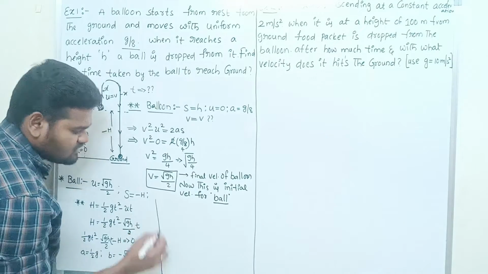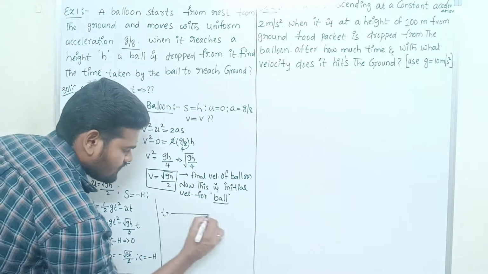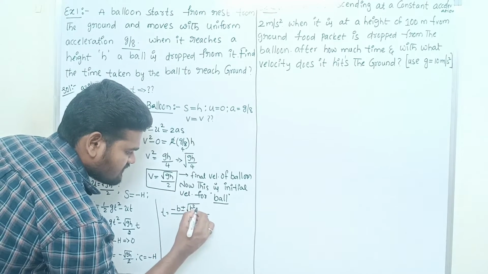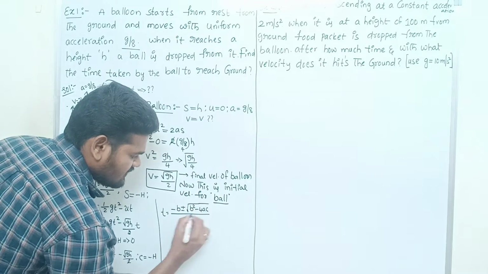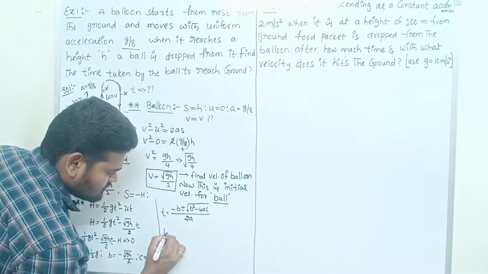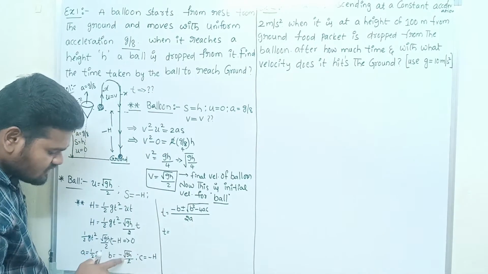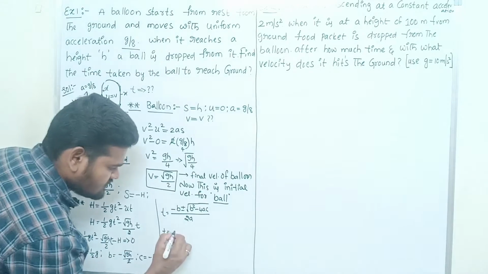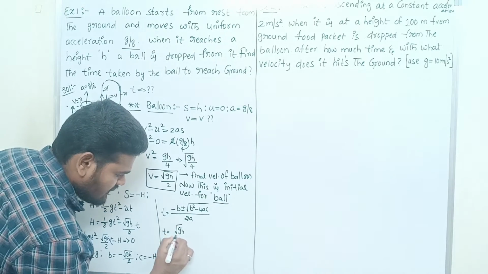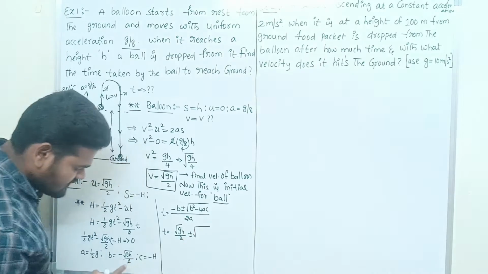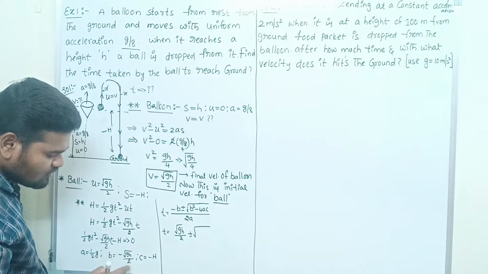Now how to find the roots? t is equal to minus b plus or minus under root of b square minus 4ac, divided by 2a. So t is equal to minus b, that means minus into minus is plus. What is the value of b? Under root gh by 2, plus or minus under root of b square. What is the value of b? Minus of root gh by 2.